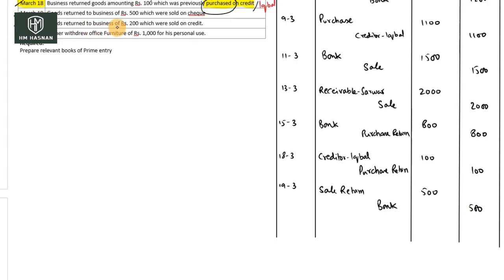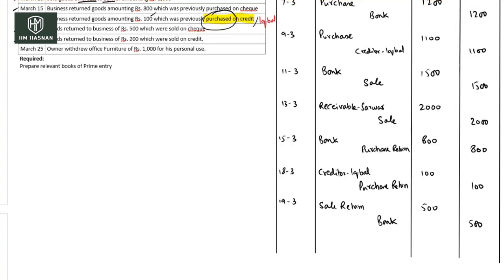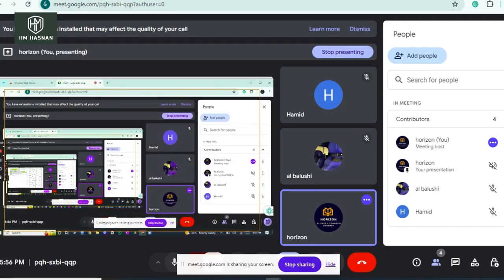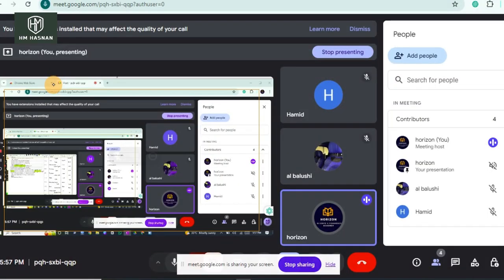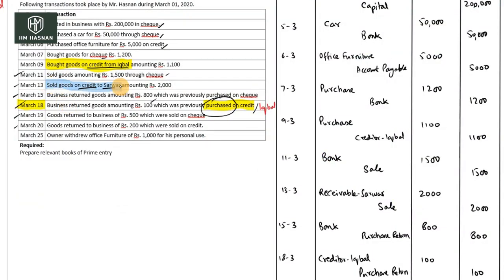And 20th March, goods returned to business rupees 200 which were sold on credit. Here is a sale return, goods returned to business which were sold on credit. To whom did the business sell the goods? The customer name. In the previous transaction business sold goods to server. So in 20th March server returned goods to business rupees 200.